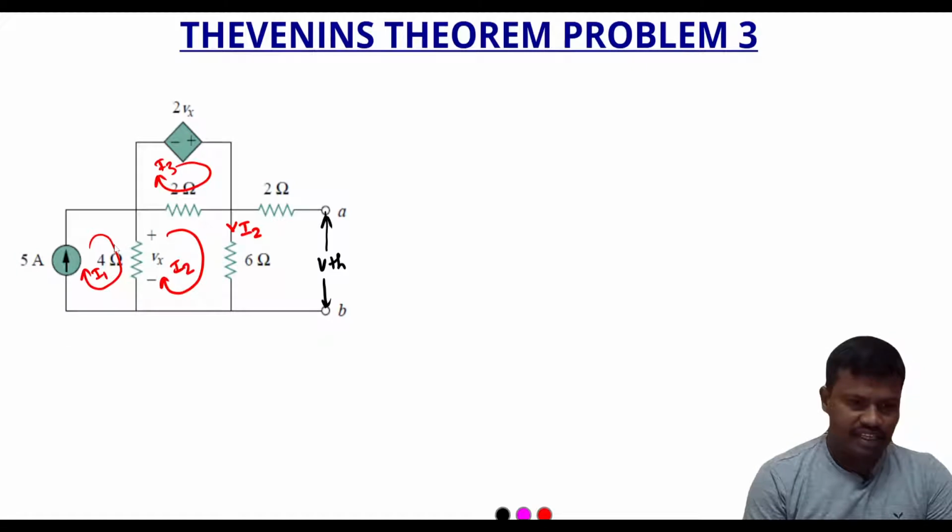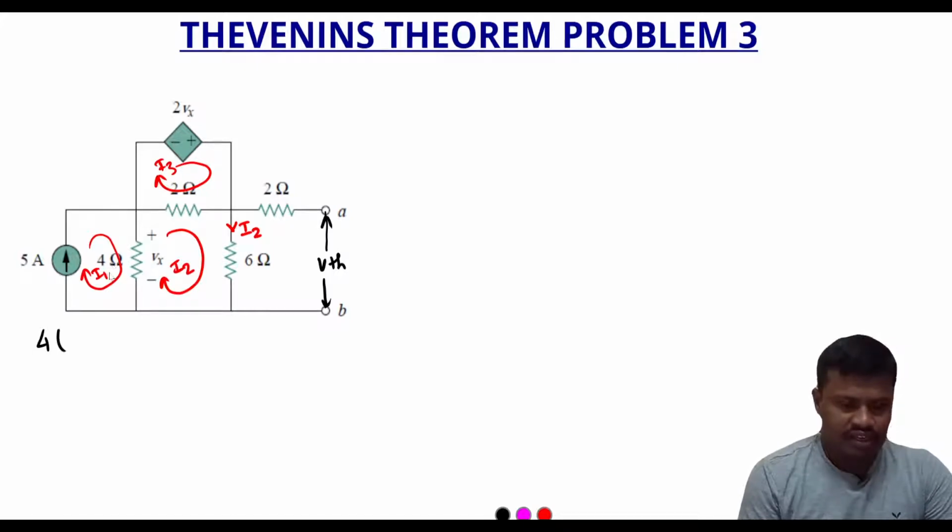When applying KVL in the first loop, we can write 4 into, the current through the 4 ohm resistor involves both currents, I1 and I2. I1 is flowing from top to bottom and I2 is flowing from bottom to top, so both are opposite in direction.